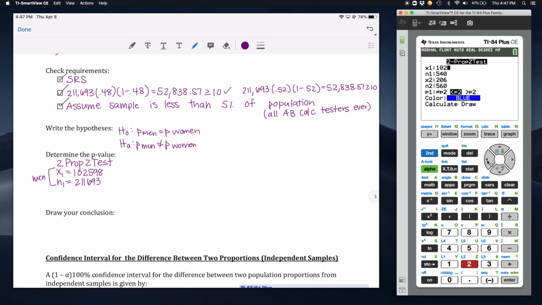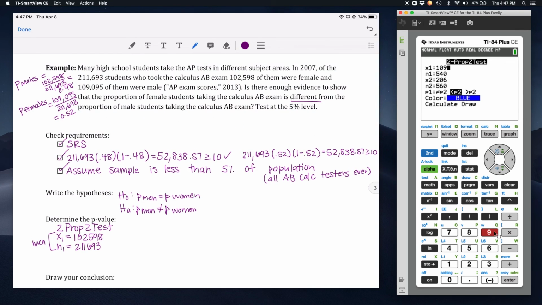Oh no, I messed up. 109. I think I did those wrong. I mixed these up here. Okay, everyone pay attention. I swapped these by accident.